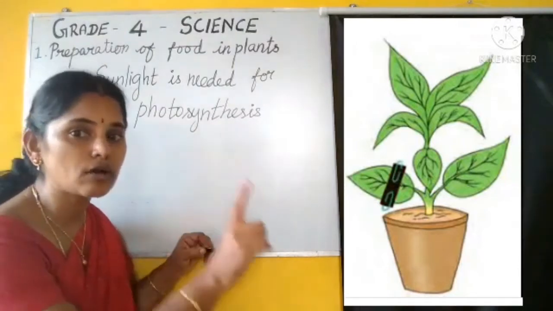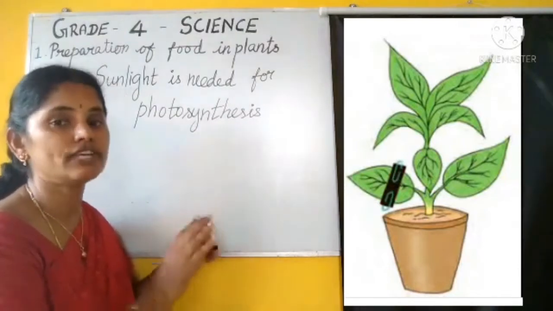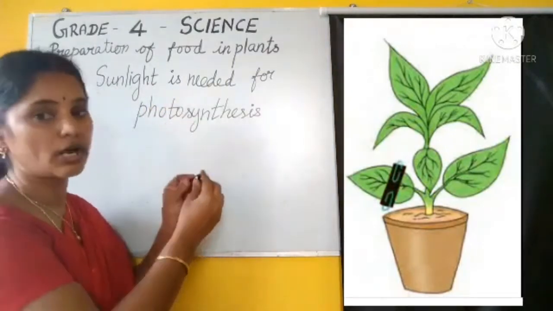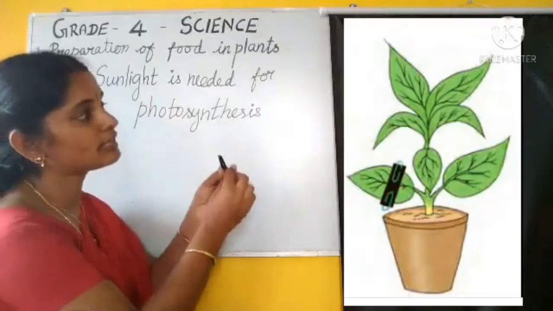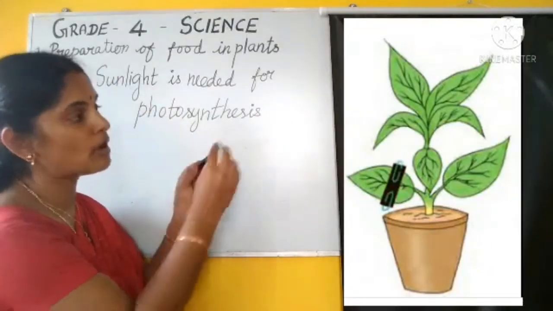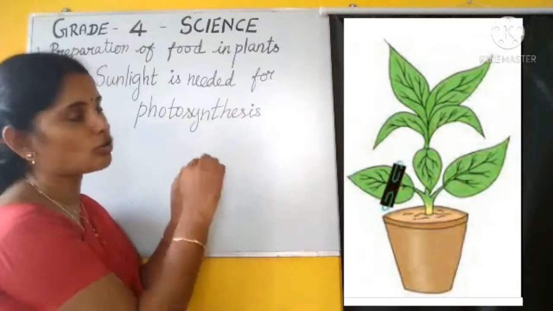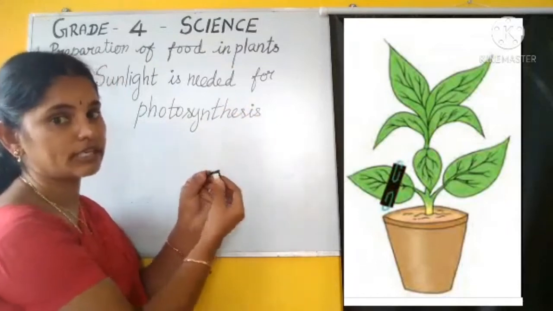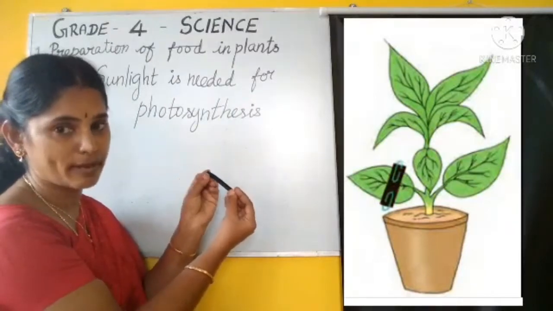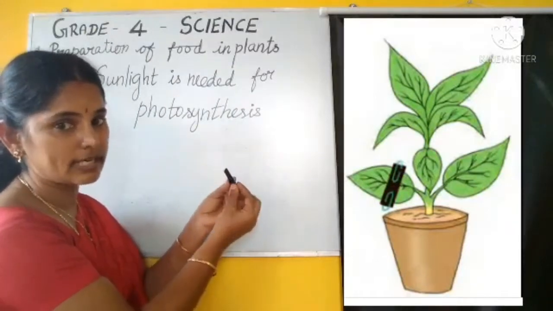For the photosynthesis process not to happen, we have to cut down the sunlight. So in order to cut down the sunlight, we are covering a part of the leaf. Only one part of a leaf. So choose the center part of the leaf, take a black strip of paper like this and cover the leaf.